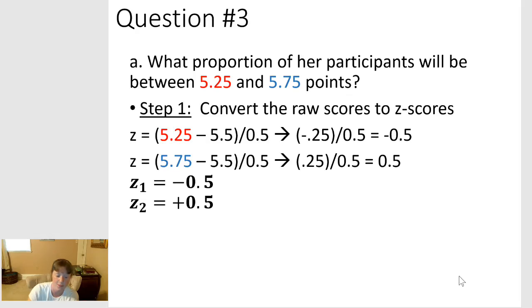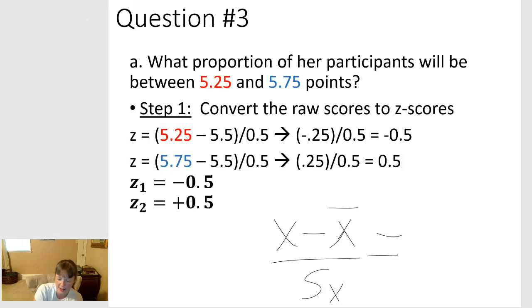And remember, this is our equation for turning something into a z-score. First I've subtracted the average of 5.5, then I've divided by the standard deviation.